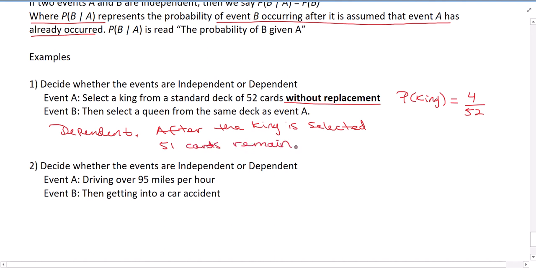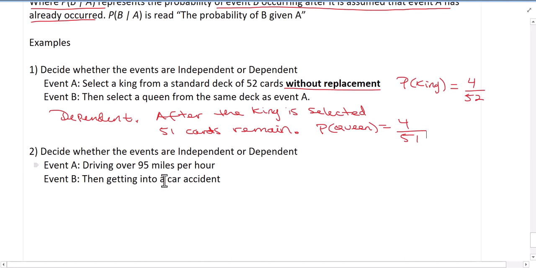So that's why they are dependent. The probability of getting a queen would be, there are 4 queens, but now out of 51 cards. So the occurrence of selecting a king did affect the probability of selecting a queen, because now it's not 4 out of 52 cards, it's 4 out of 51.